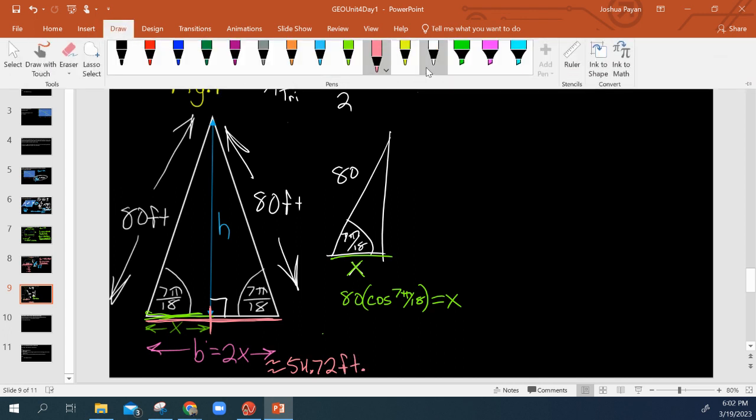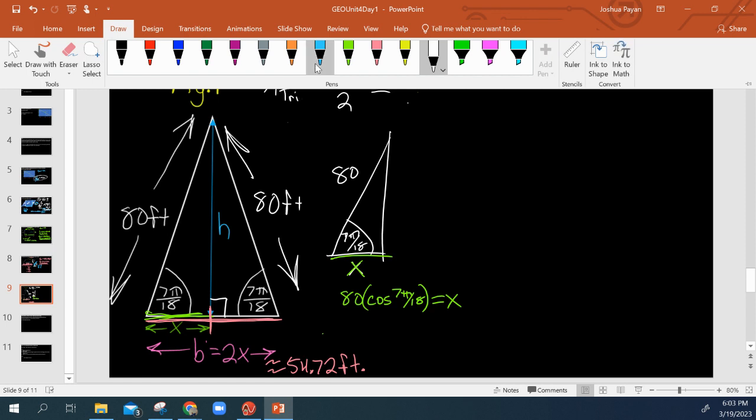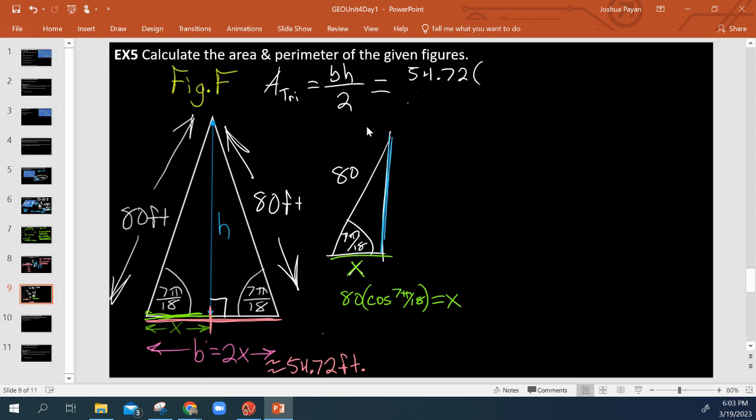So now we have everything we need. Okay, so area is going to be base, so 54.72 times the height. Oh, crud, we don't know the height. Okay, so I had a brain fart on that. I don't know why I thought we knew it. So this is going to be our height.